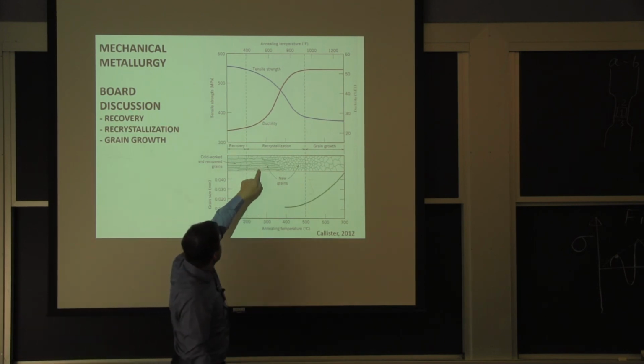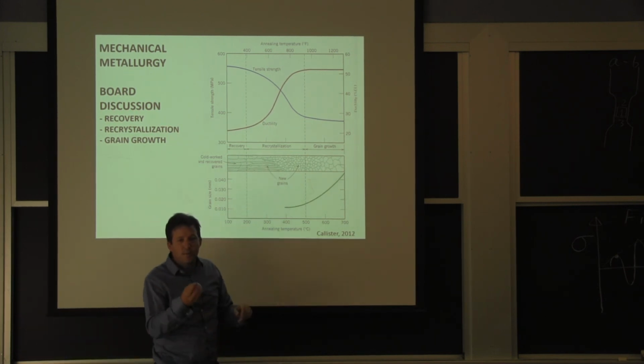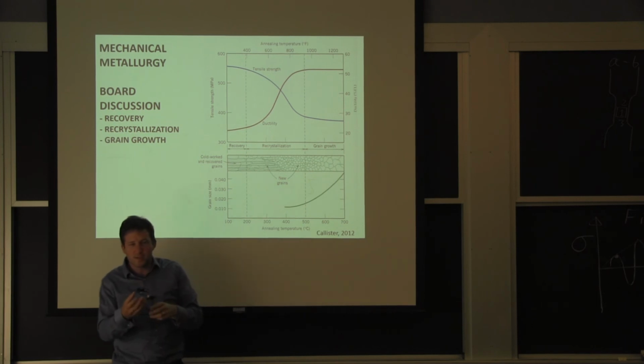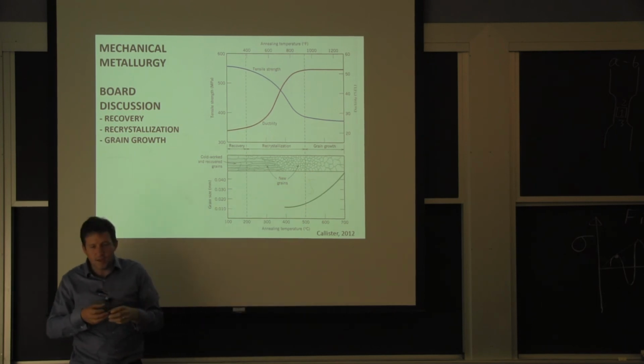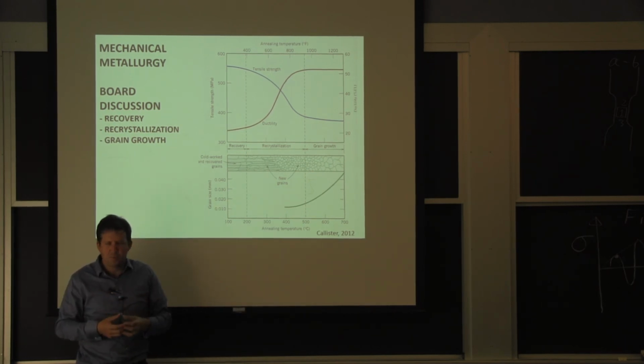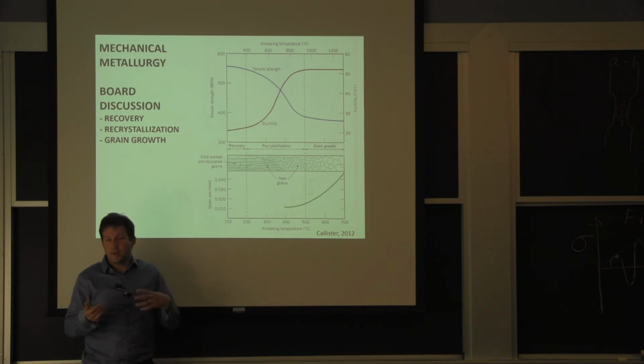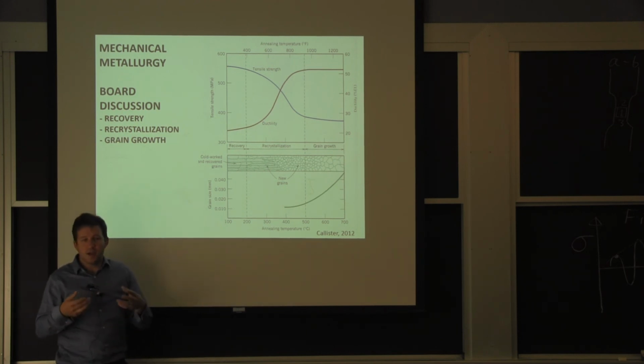There will be one grain that's just popping out at a corner. There were just so many dislocations. It decides, you know what? I'm going to just reorganize myself, and you're growing a new grain that has a different orientation than all the grains around it. Now, it takes time, it takes movement, but the driving force is there.